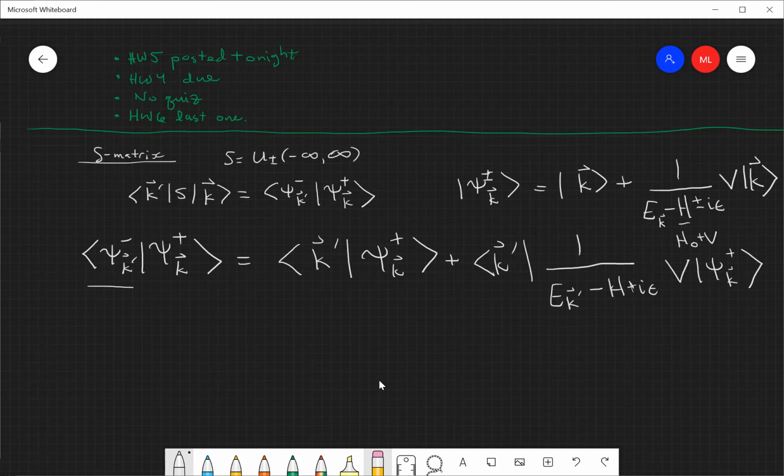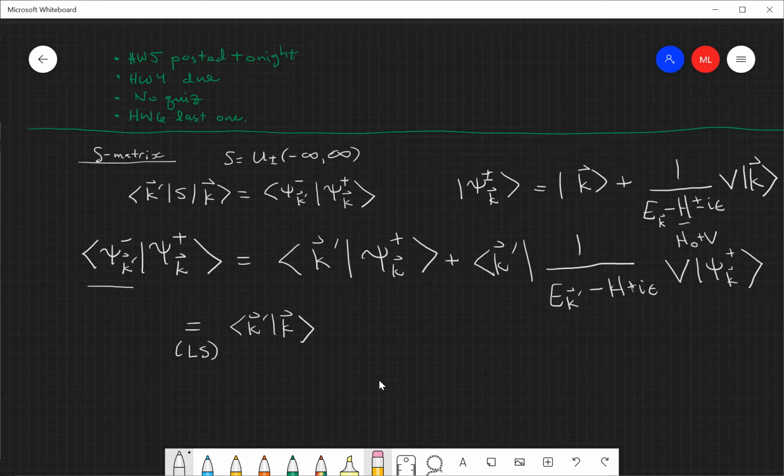Then we can use the Lippmann-Schwinger equation to expand the forward scattering part. That gives us k prime dotted into k, just the first term in the Lippmann-Schwinger.